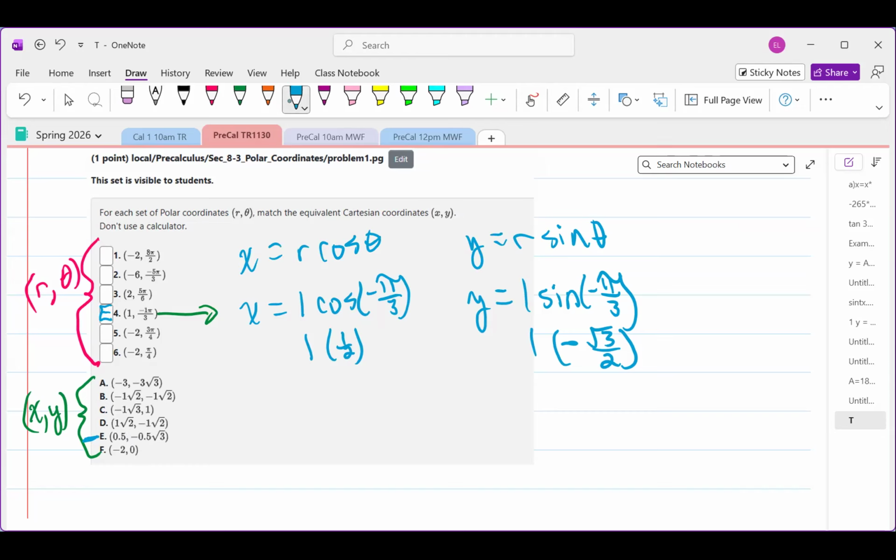Now, the odds of you having to actually use polar coordinates that much are very rare in math classes. We use them a little bit in Cal 2, where we talk about doing derivatives and antiderivatives of polar graphs.